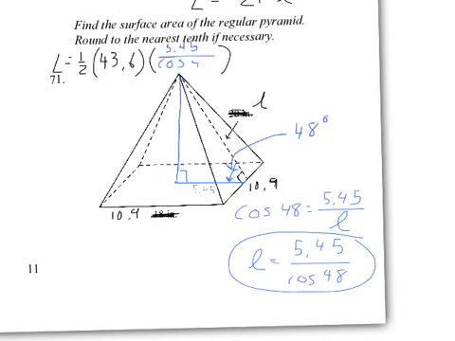There we go. Let's see now. The rest is all in the calculator pretty much. So 43.6 times 1/2 is 21.8. And so I'll just simplify it for you real quick. Okay, we get 21.8 times 5.45 and then divided by cosine 48.